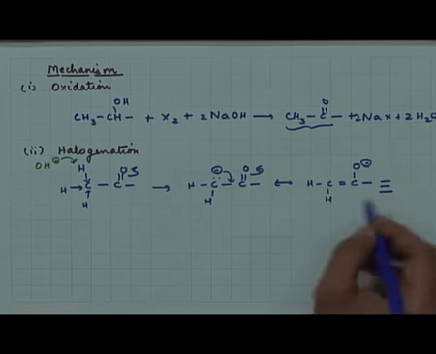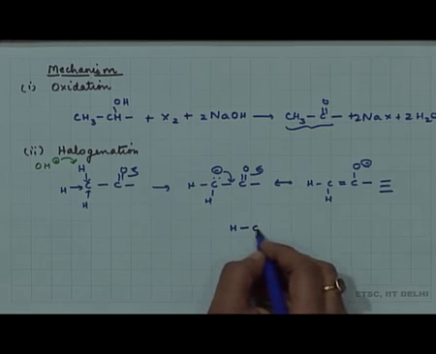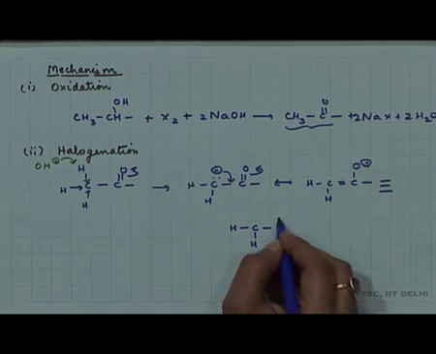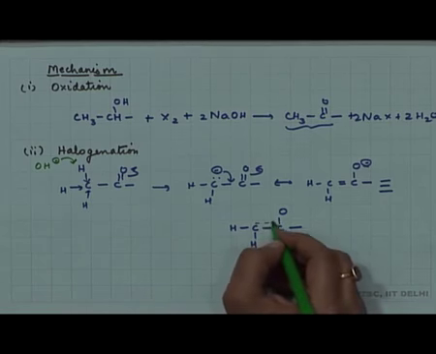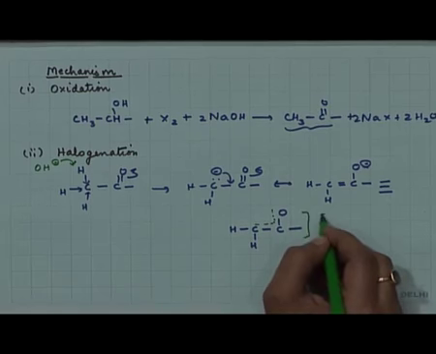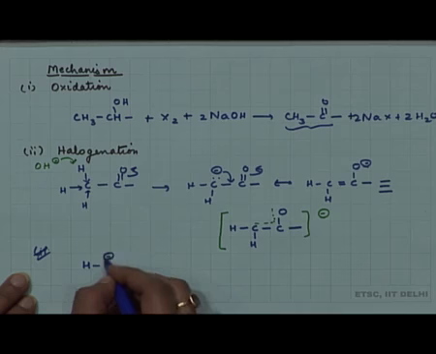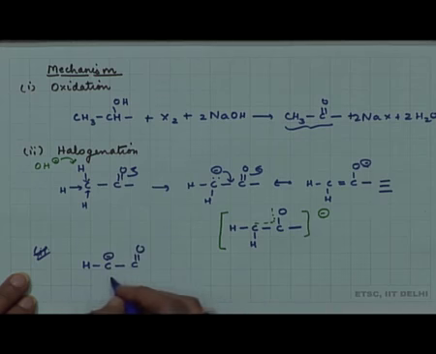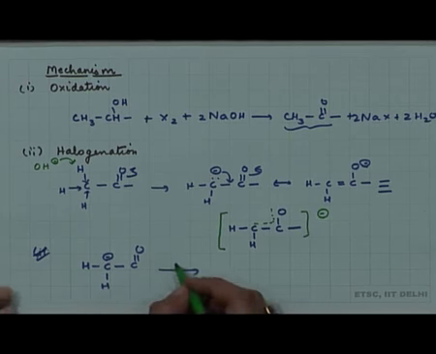You can write the resonance hybrid structures for this enolate. So, you get this enolate in the second step. The enolate, or the carbanionic form of this compound, is what picks up the halogen.